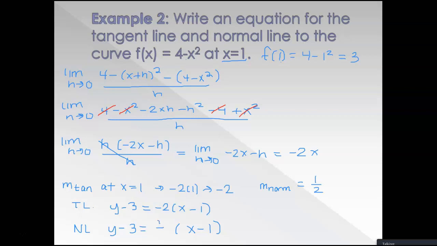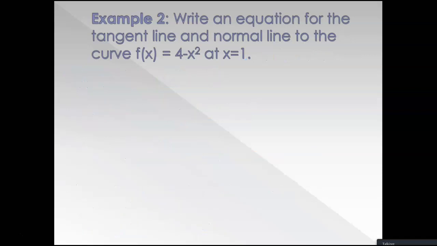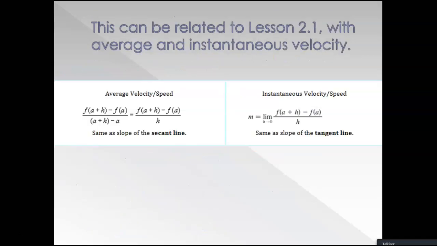So the normal line is y minus 3 equals 1/2 times the quantity x minus 1. So a nice little summary of the two.